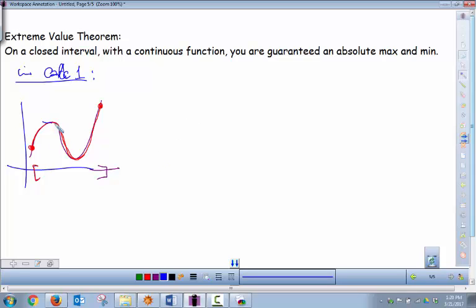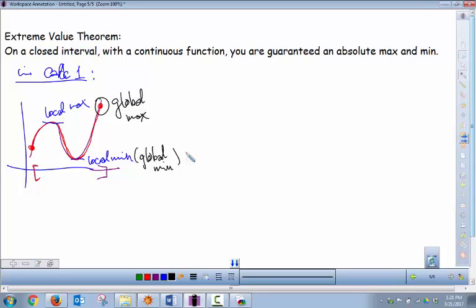So we have a local max, we have a local min, but if you also count the endpoints, we actually have a global max, which is not the local max, it just happened to be on the endpoint, and we also have a global min. In this particular example, the global min is the same as the local min.